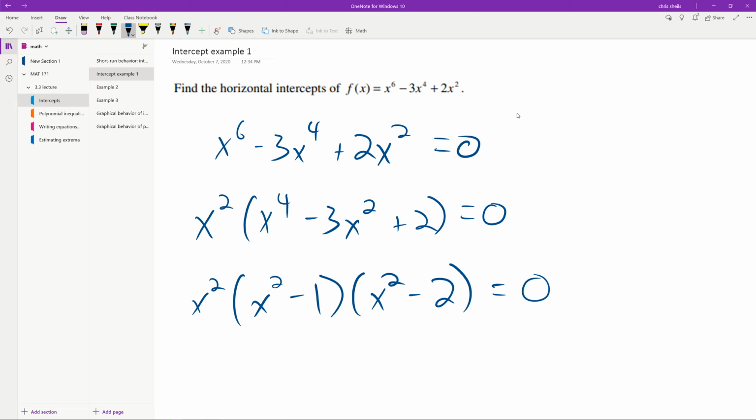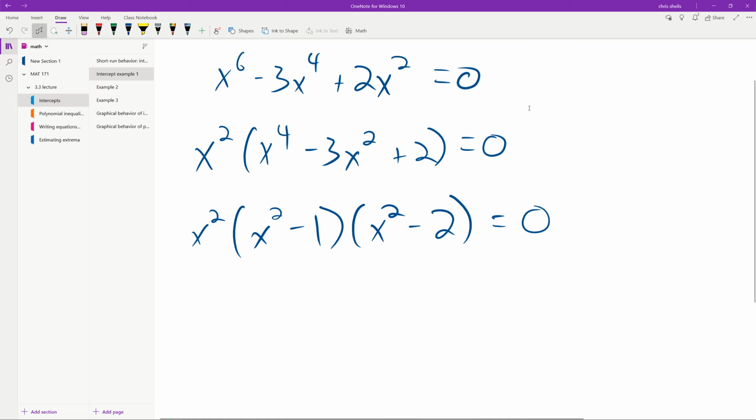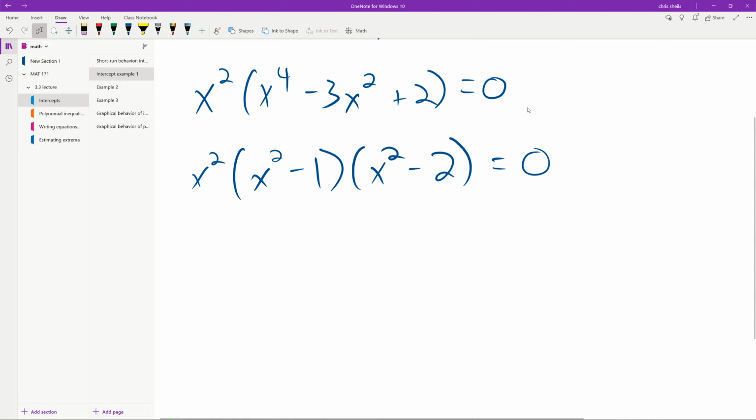I can then take all 3 of these parts and set them equal to 0 individually. Because if any single one of these 3 parts is equal to 0, then this entire expression is equal to 0, because 0 times anything is 0.